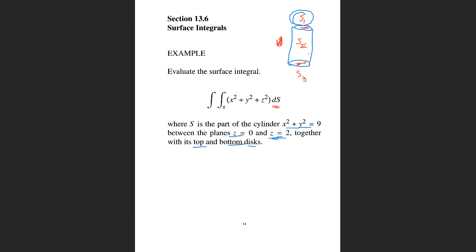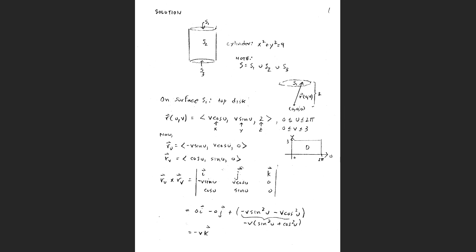So let's go to the next page. There's a picture of my surface. The surface S is the union of surfaces S1, S2, and S3. My surface S1 is the top disk, and I drew a little picture there.